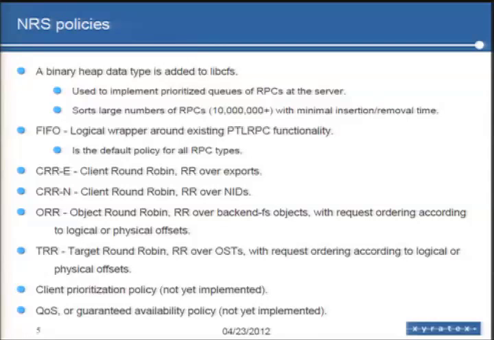So in NRS, for example, you hear the term policies. You can probably think of policies as different facets of NRS. They work in conjunction with the base NRS framework, and each of them tries to do something different. So for example, you get the FIFO policy, which is just a logical wrapper around current functionality.